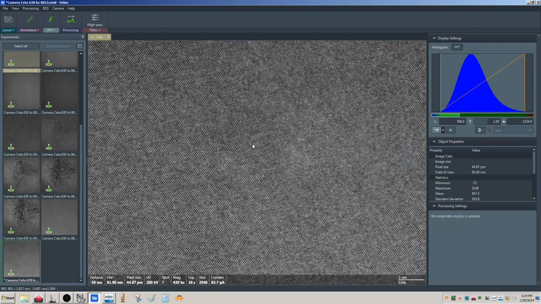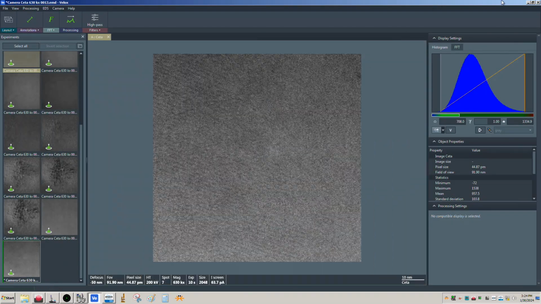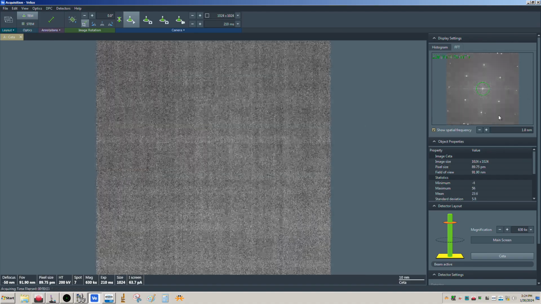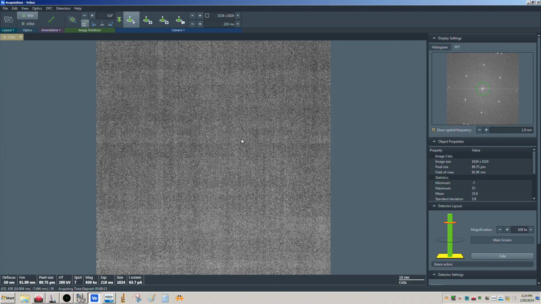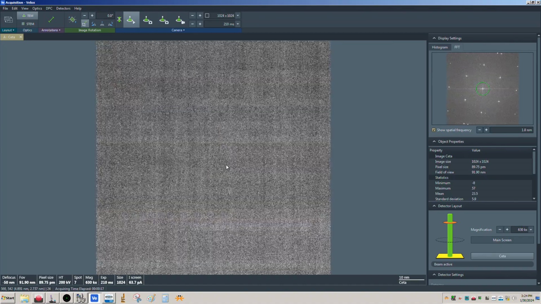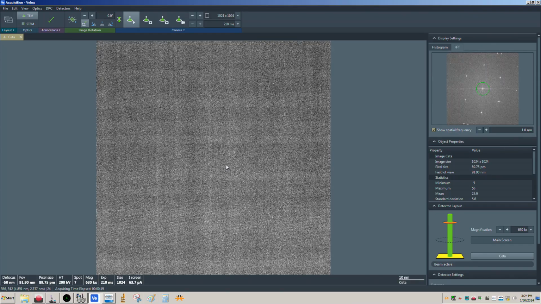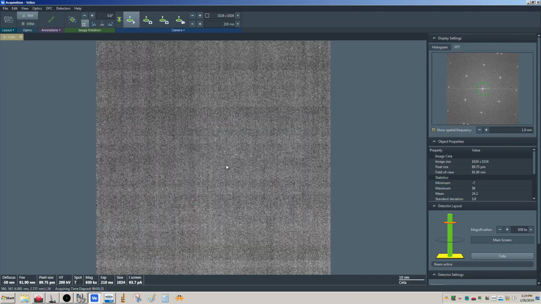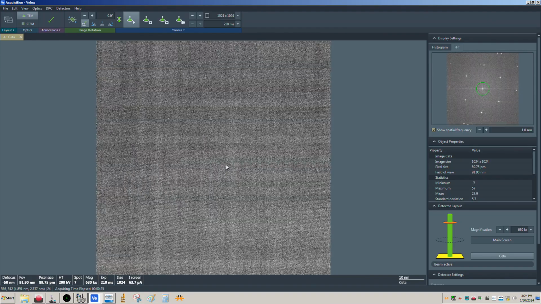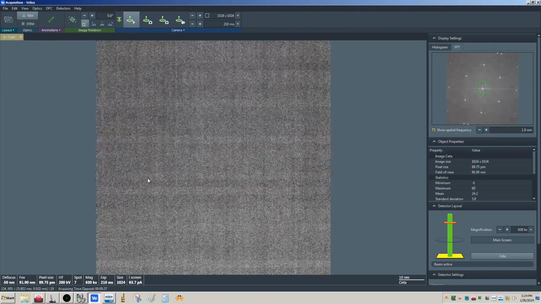Not too bad. I mean, there's definitely some drift there. It becomes very hard to focus. Even if we had some amorphous area in here, it becomes very hard to do that just because of the signal to noise, okay? So everything's a trade-off. We're not really hurting the sample right now, at least not quickly enough to really have it be an issue, but again, the trade-off in terms of the signal to noise is just too much.